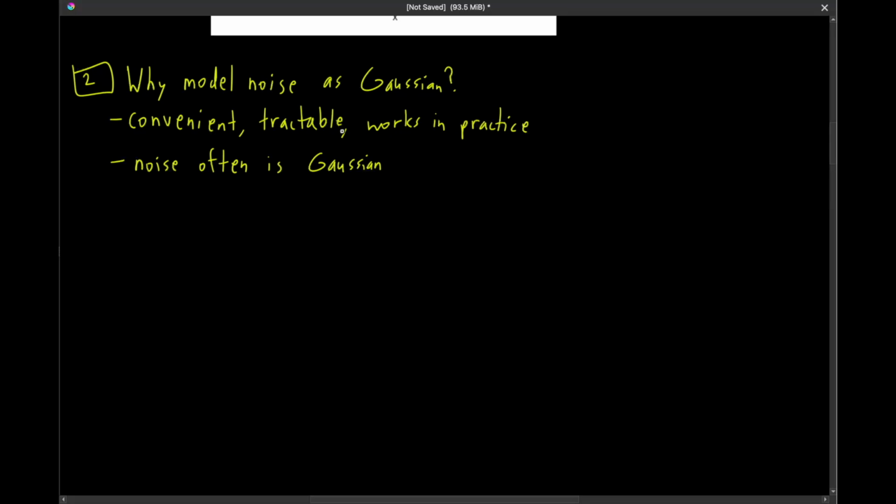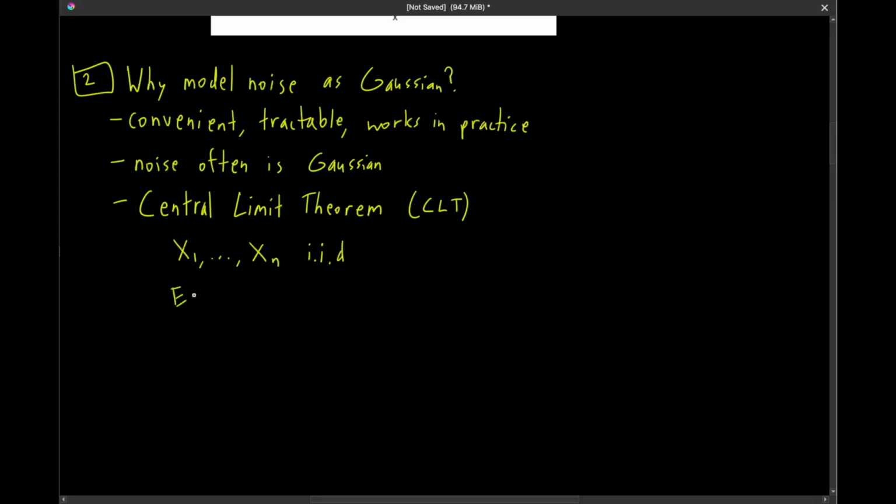A more theoretical reason noise is often modeled as Gaussian is the central limit theorem. The central limit theorem, or the CLT, says the following. Suppose you have n independent and identically distributed random variables. IID here is short for independent and identically distributed. Suppose also that these variables have a finite mean and a finite variance, call them mu and sigma squared.